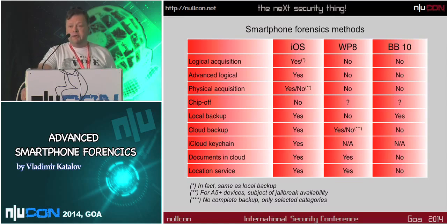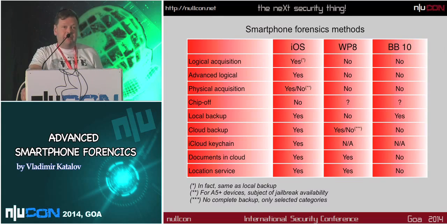It is really similar to the simple logical, but gets more information. There is also physical acquisition, which gets more from the smartphone. There is the chip-off method, when you extract the memory chip from the iPhone. It is destructive, actually. You won't be able to repair your device after that, but you'll get the complete memory dump of the device.